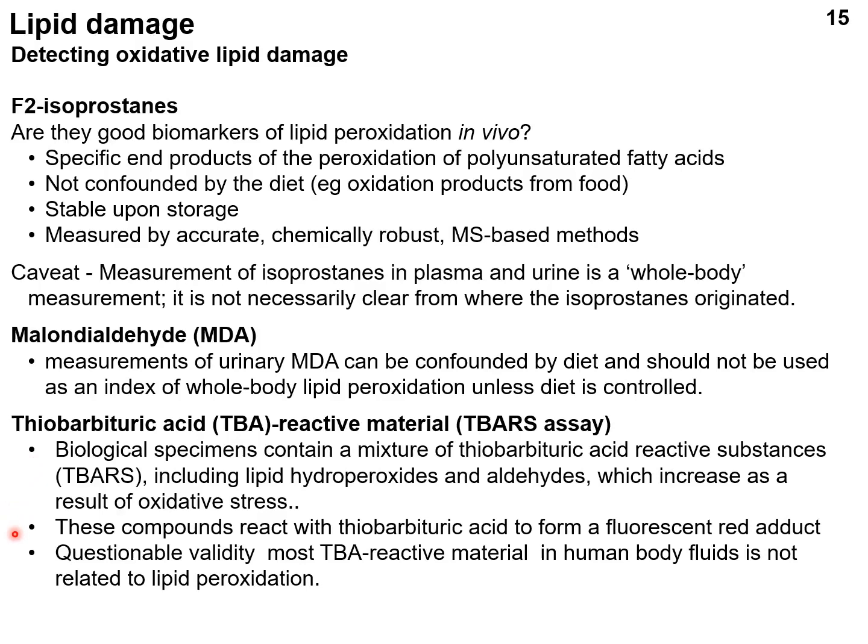But it's unlikely this assay is actually any good, because most of the TBA reactive material you find in body fluids is actually not related to lipid peroxidation. And yet this is a very, very popular technique for measuring apparent lipid peroxidation. So you can see that there is that potential that many people will be misleading themselves.